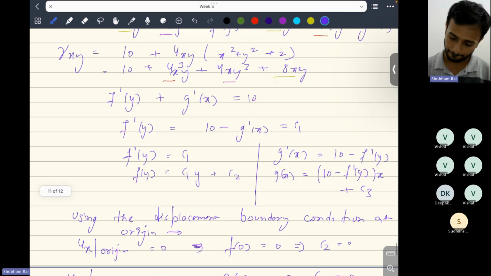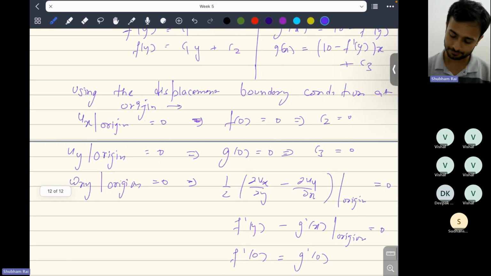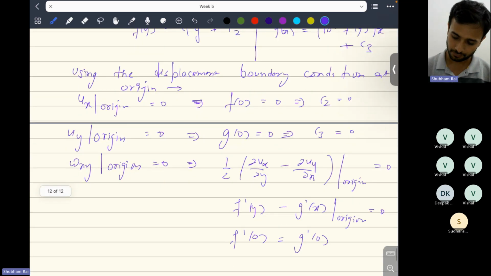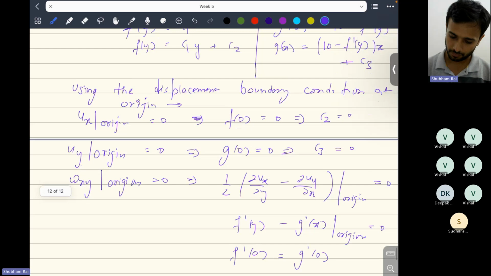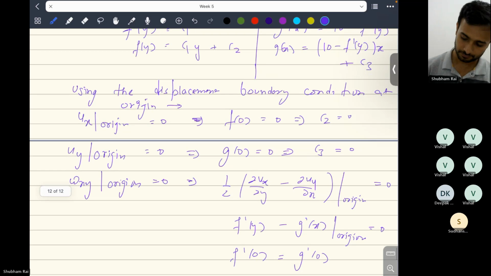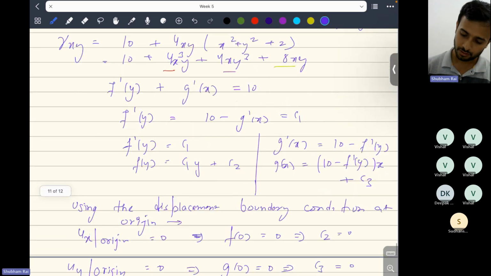And from this condition, f prime 0 is equal to g prime 0, what will you get? Let's find out what f prime 0 is first, and then we'll find g prime 0.